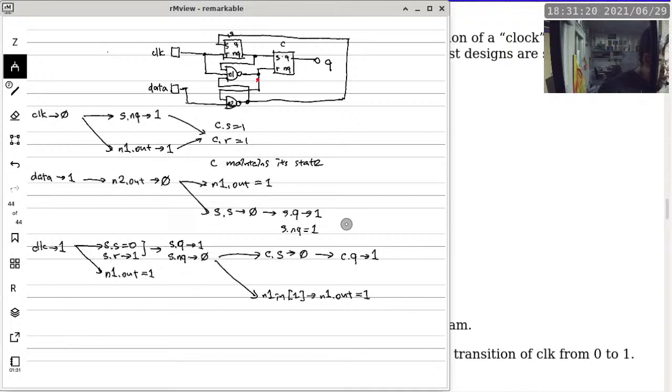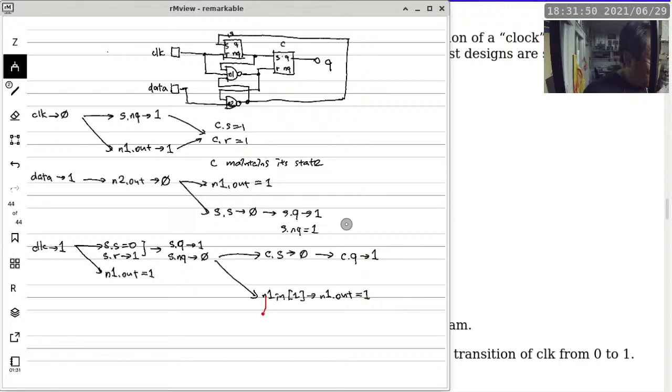Alright, so N1 was outputting a 1 before. NQ, this is now a 0, so N1 is continuing to output a 1. But NQ becomes a 0. Because NQ is becoming a 0, that means at least one input of N1 is a 0. So N1 is going to maintain to output a 1.